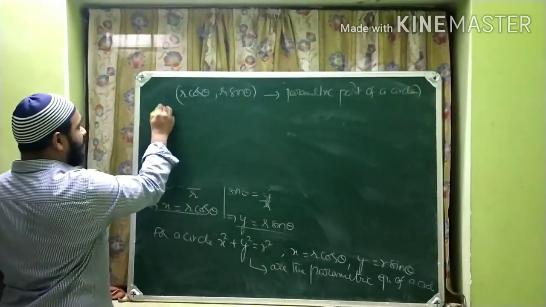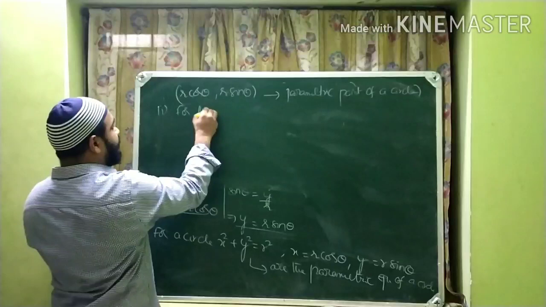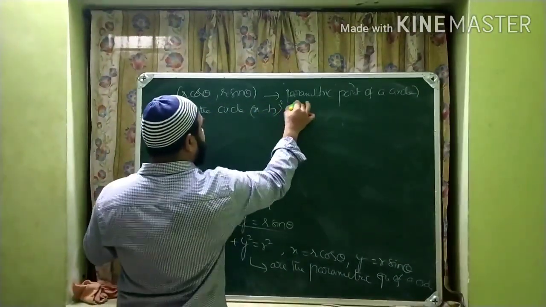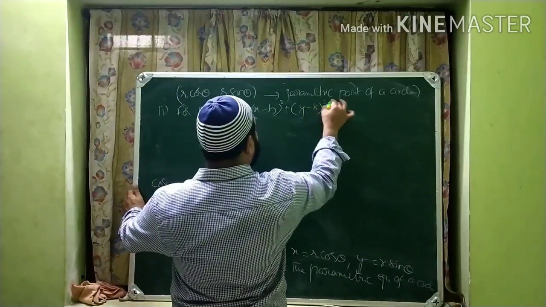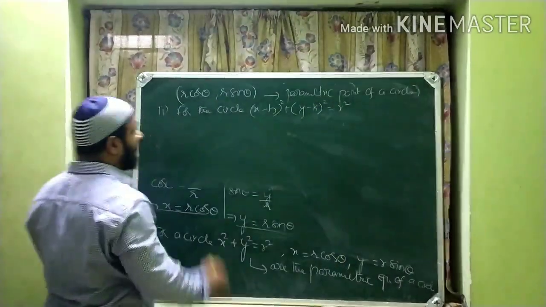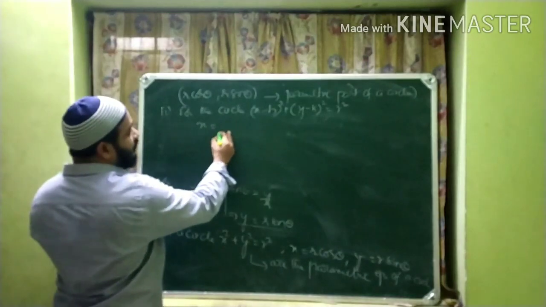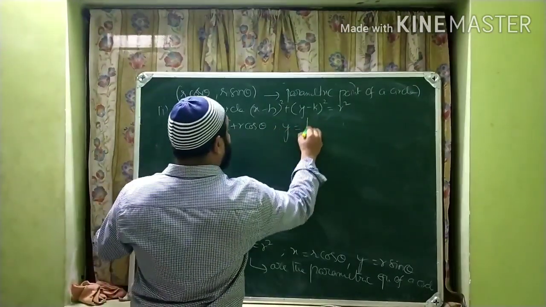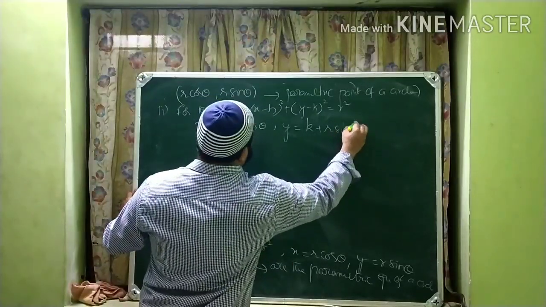Likewise, second, for the circle (x minus h) whole square plus (y minus k) whole square is equals to r square, x is equals to h plus r cos theta, y is equals to k plus r sin theta.